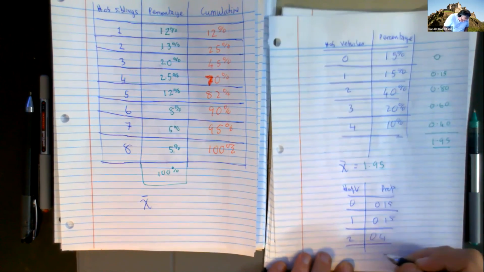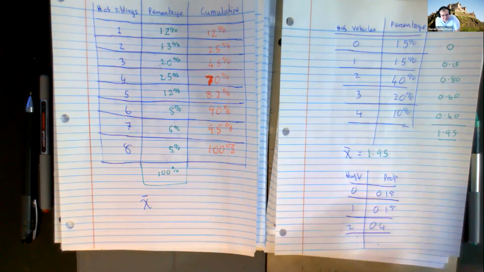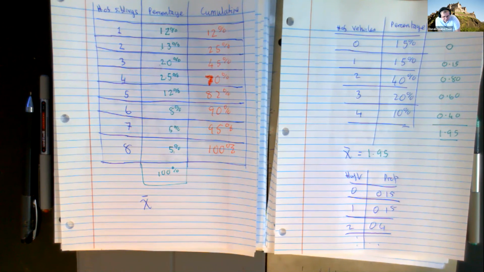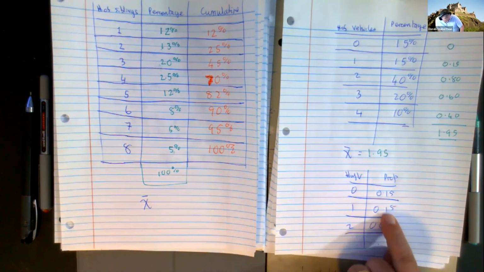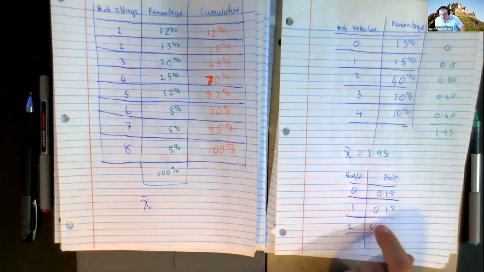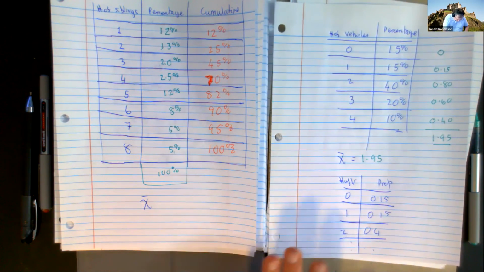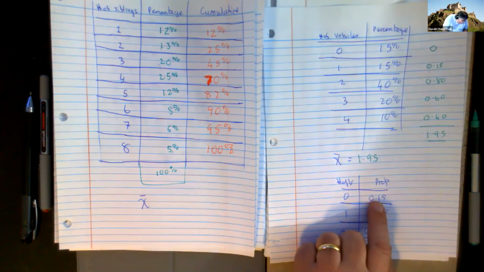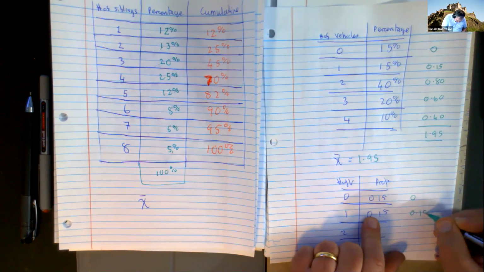Can you imagine a question where it's not a percentage but a proportion? So 0.15, 0.15, 0.4. Will you realize that a proportion and a percentage are just two ways of saying the exact same thing? So if they did it this way, wouldn't the answer be 0, still 0.15, and 0.8?